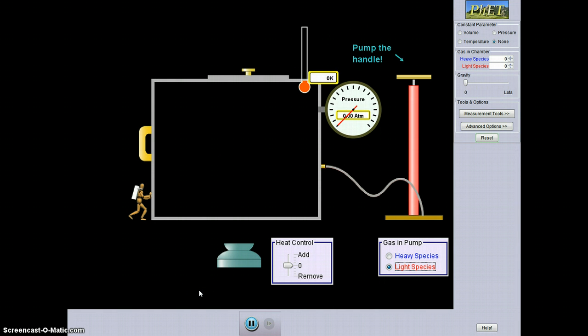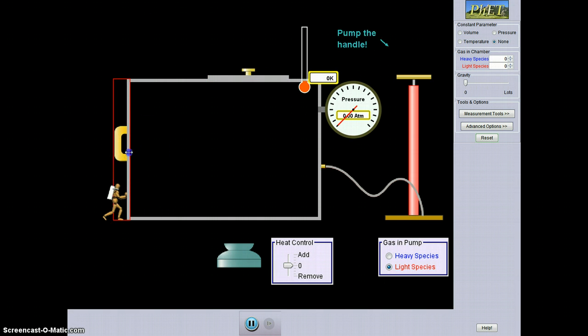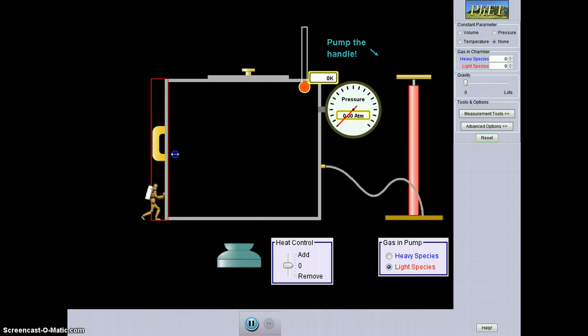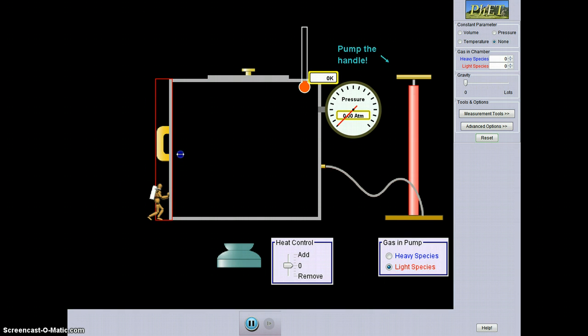Here we are now at the simulation using the URL provided earlier. You probably have to do this on a PC in order to see it well. Really neat though, what you have here is a container that you can open or close. You can also expand the size of the container and change the volume.